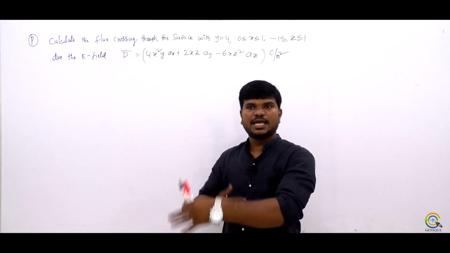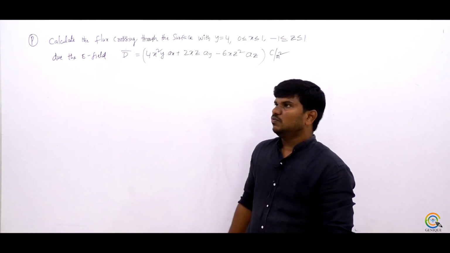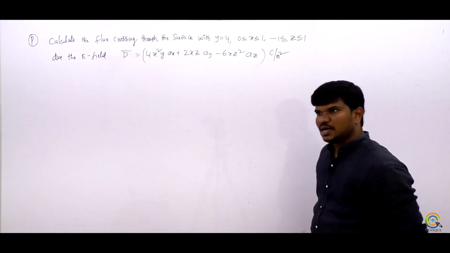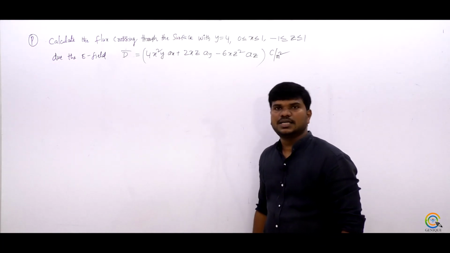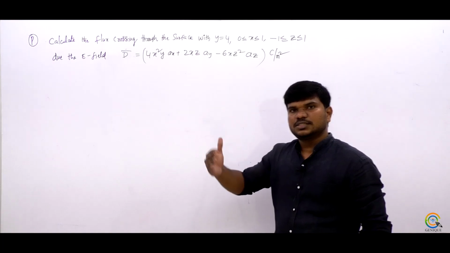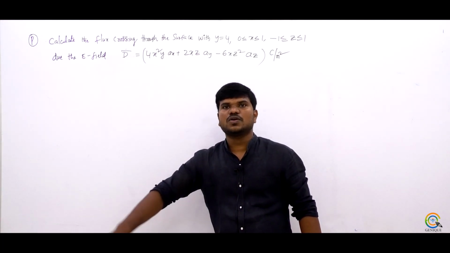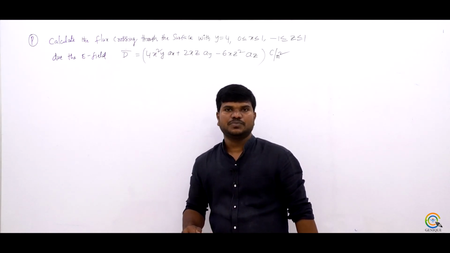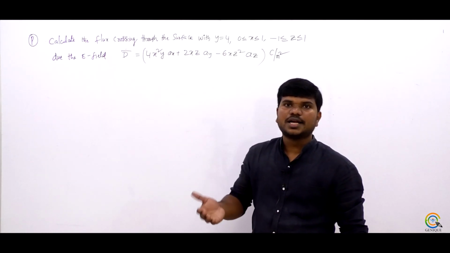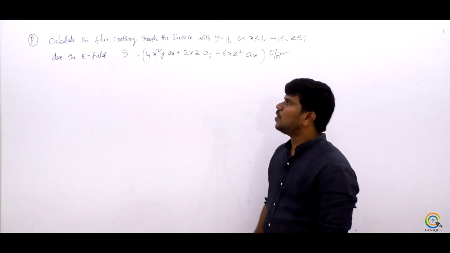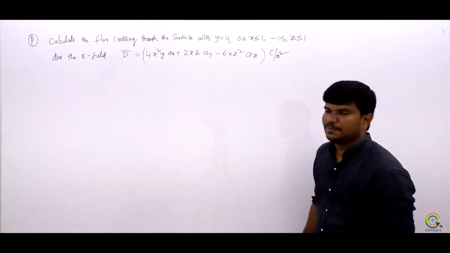Similarly, Ampere's law is saying that the net circulation of the magnetic field in any closed length is equal to the current crossing that surface. So that is what Ampere's law says.